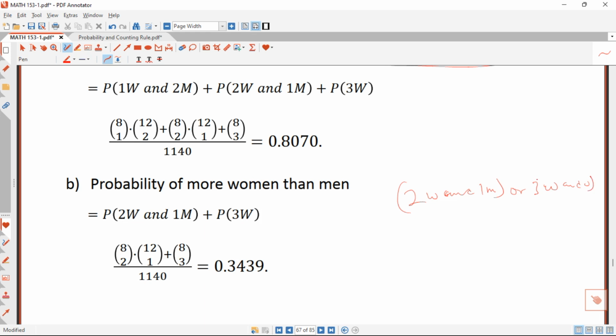So that is what we are going to have here. So we get 8 combination 2 times 12 combination 1 plus 8 combination 3, right? Once we have this, we divide it by our total number of sample space, and when you do the division and the addition here, you are going to get 0.3439, right?